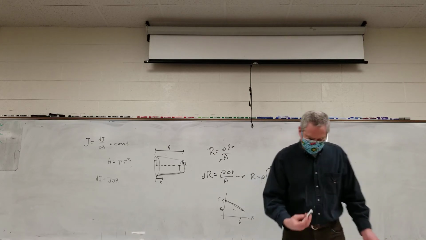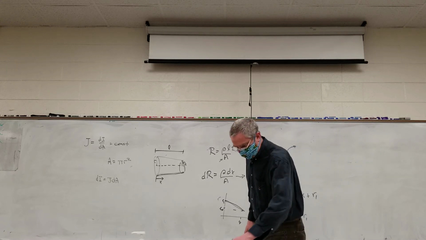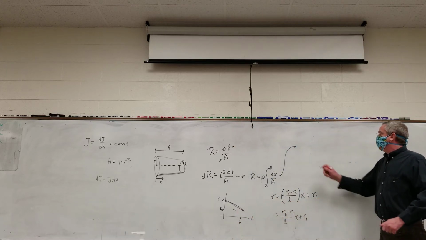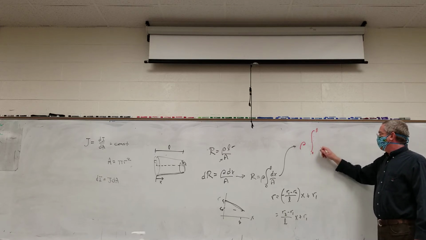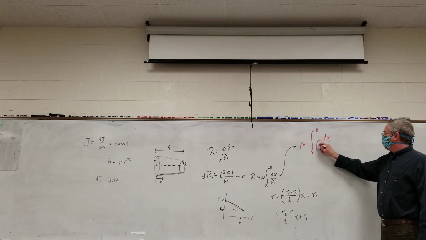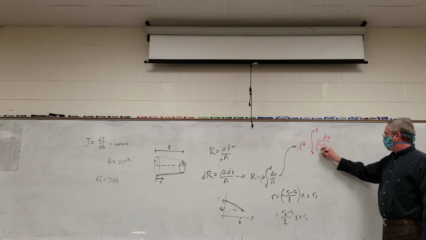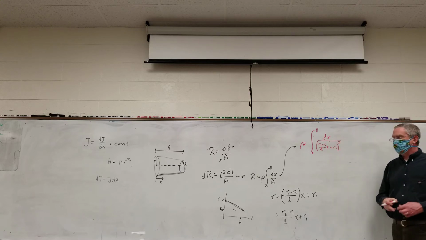So this becomes rho times the integral from 0 to L of dx over pi times (R2 minus R1 over L x plus R1) squared.